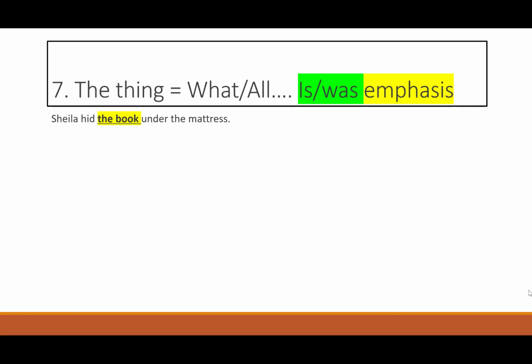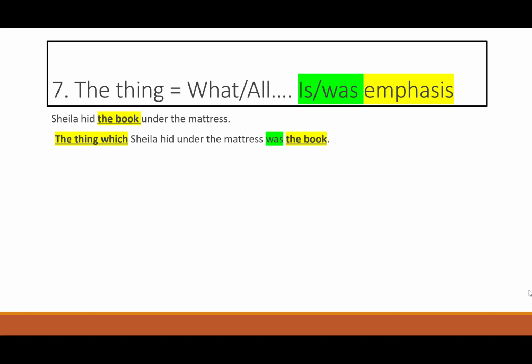We focus on the book. We want to stress on the book. The first answer you can use to make cleft sentences is: the thing which Sheila hid under the mattress was the book. Yeah, this is the first answer that you can make.